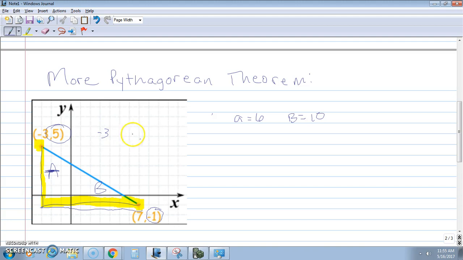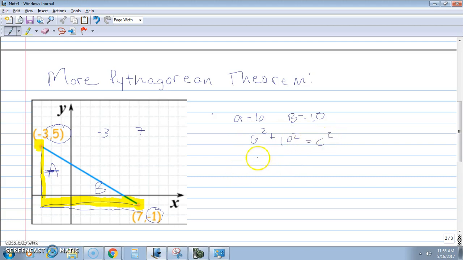How far away is -3 from 7? Those are the x values there. And that's going to be 10 too. Or 7 minus -3 is positive 10.